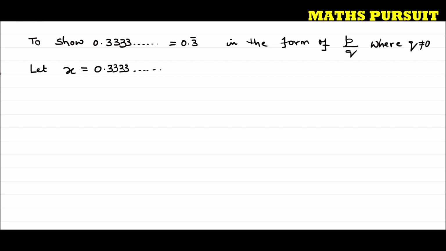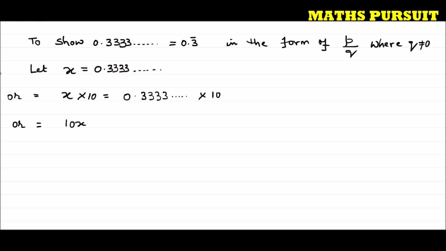So if I multiply 10, x into 10 is equal to 0.3333 into 10. So what we did, we first assumed x is equal to 0.33333 which is repeating, and then we multiplied 10 to both sides.